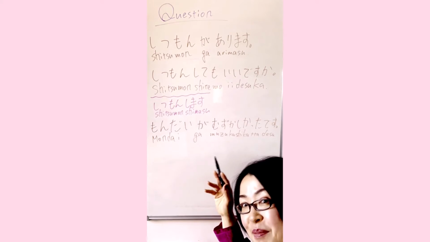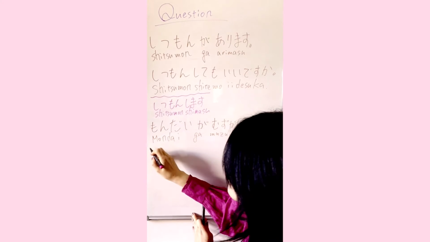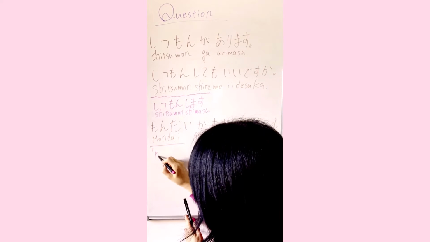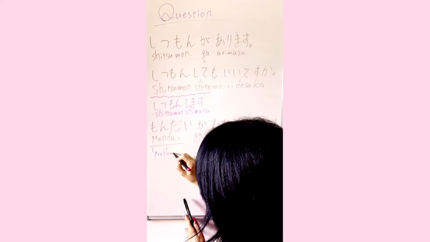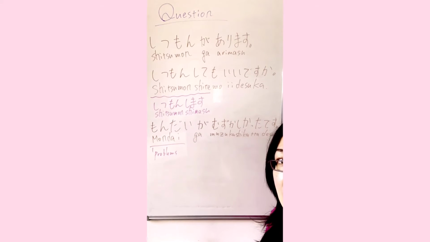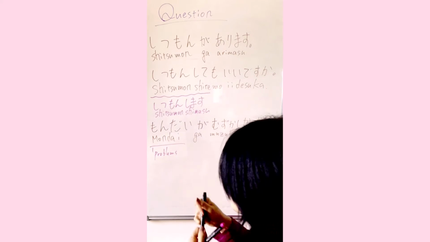Okay? 問題が難しかったです。Okay? And also this word 問題 also means problems. So if you say there is a problem, we say 問題があります。Yes.